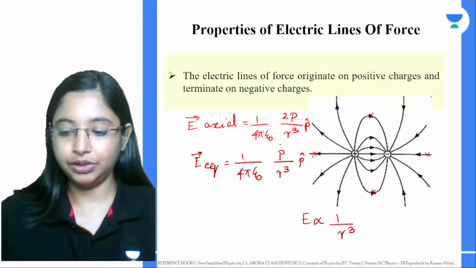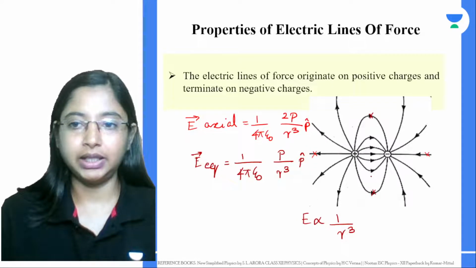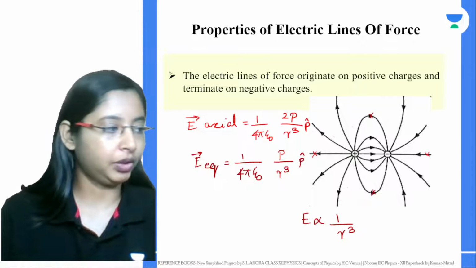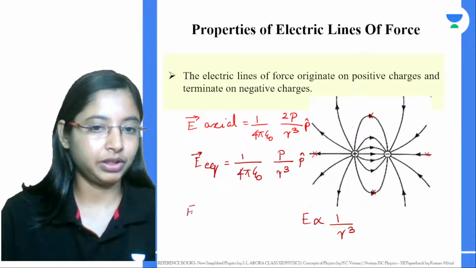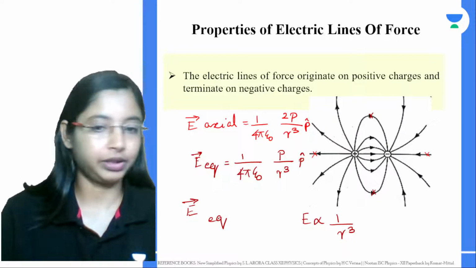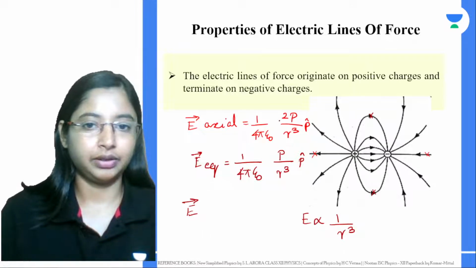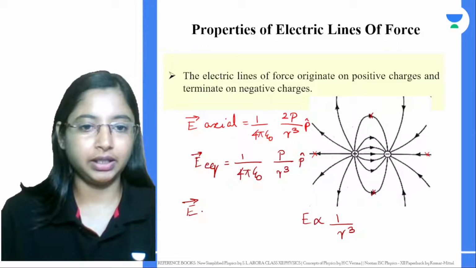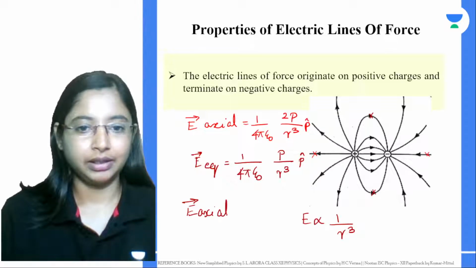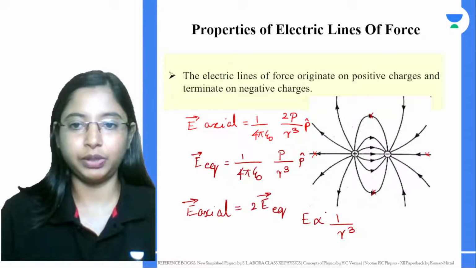Now, based on these two, we can see the E axial is basically twice the electric field on the equatorial.